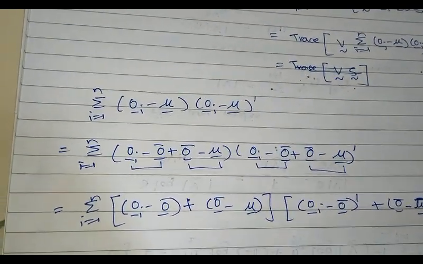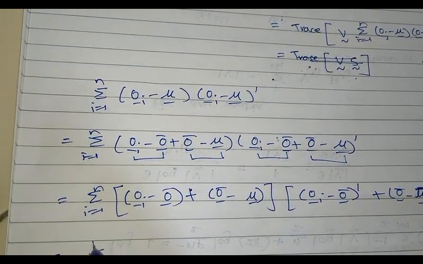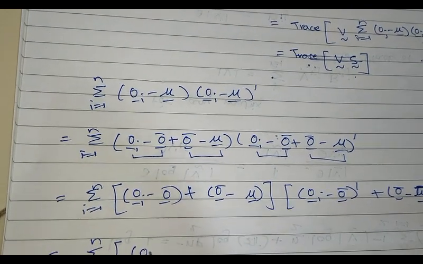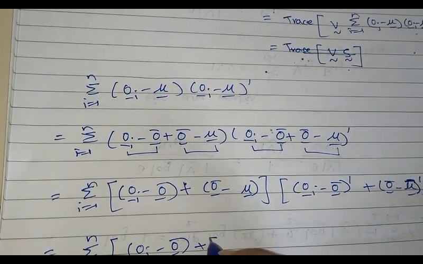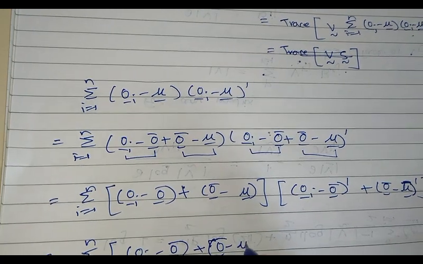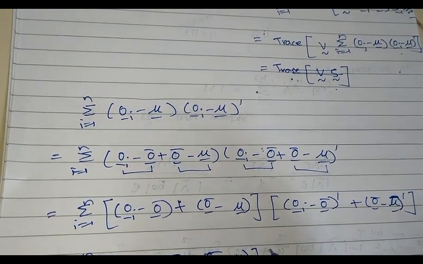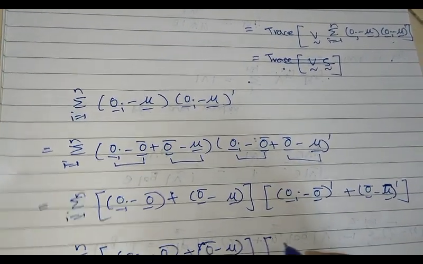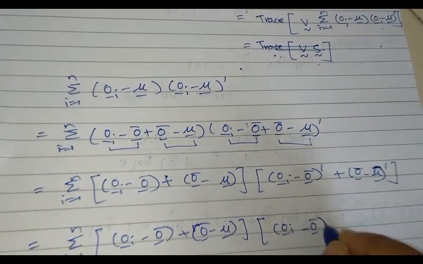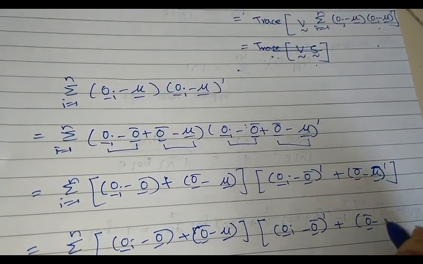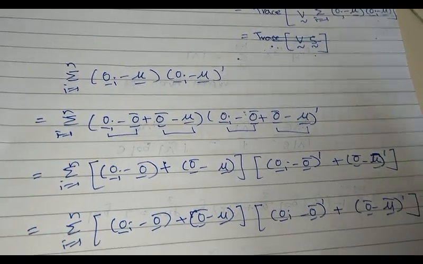Okay, so this becomes sum over i going from 1 to n, y minus y bar plus y bar minus mu into y minus y bar prime plus y bar minus mu prime.